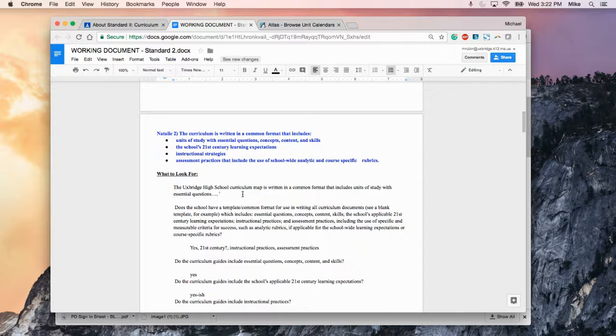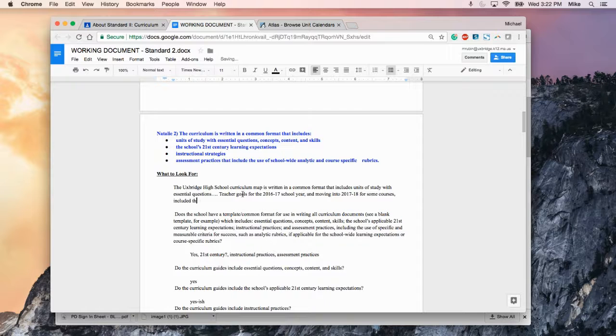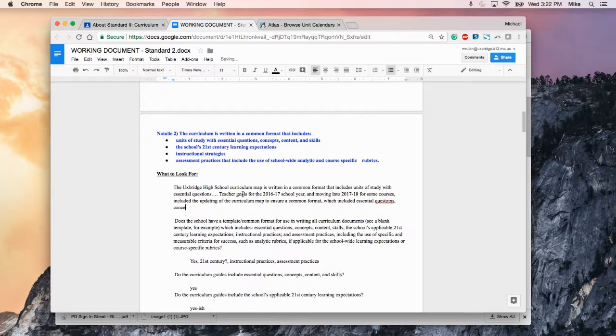And we write here, teacher goals for the 2016-17 school year and moving into 2017-18 for some courses included the updating of the curriculum map to ensure a common format, which included essential questions, concepts, content, and skills.